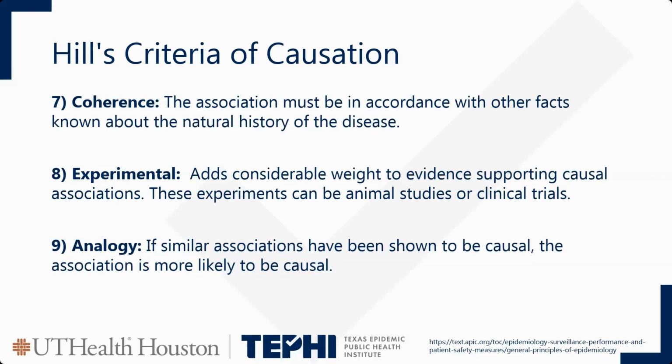There should be experimental evidence that adds considerable weight to the evidence supporting causal association. And this can either be clinical trials or animal studies. The last criteria is analogy. If there is a known causal association within a similar exposure and an outcome, the association that is under study is more likely to be a causal association. And it's important to know that these 9 principles all have to be present for causation to be established between an exposure and an outcome.